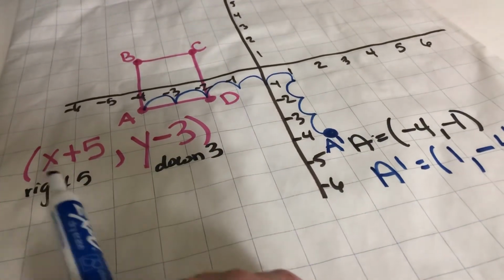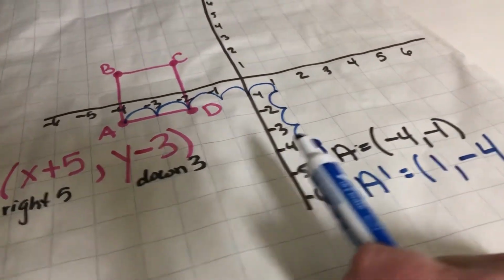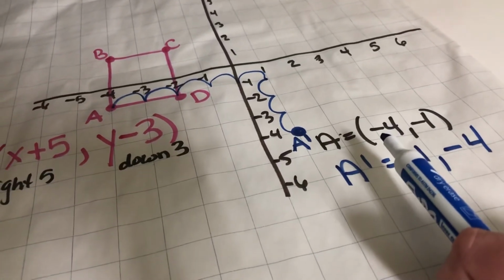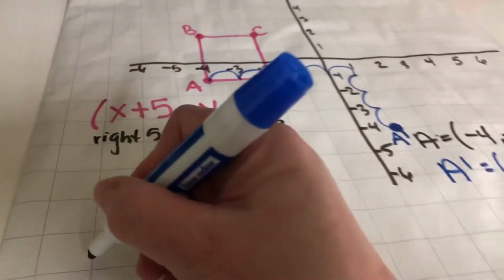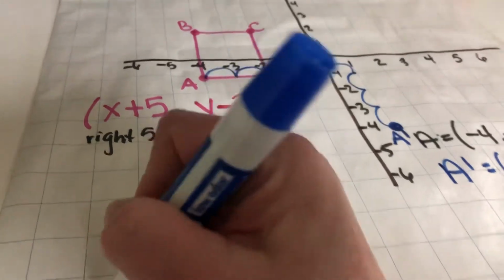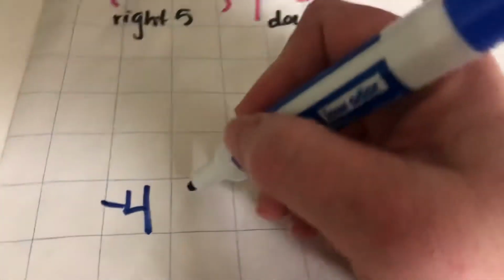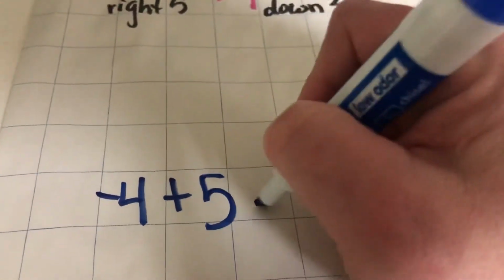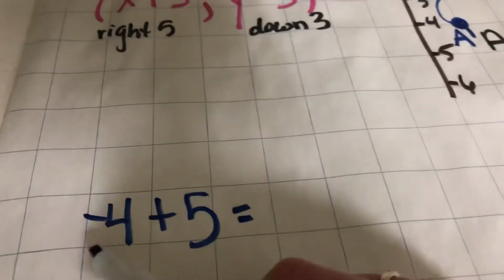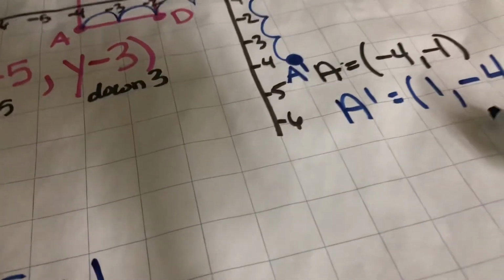Okay, so here's my x plus 5. If I'm at -4, let's write this down here. Think about our integers from last week. If I'm at -4 and I add 5, -4 plus 5 on my number line will actually get me +1, which is what we got right over here.